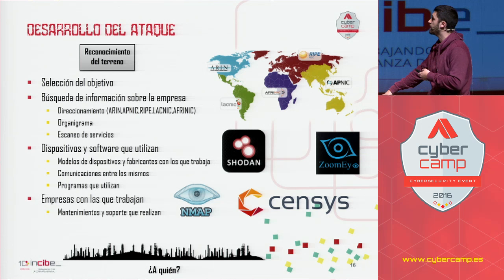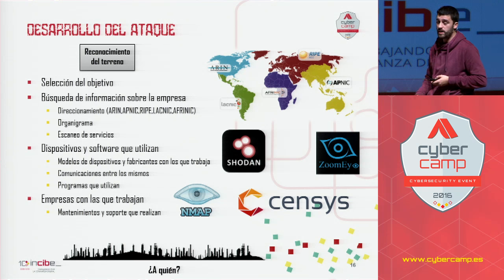What models? What devices? The ones that our target use, for which we can use Shodan or ZoomEye, which is the Chinese version, is quite good. Censys is another engine that you might be more familiar with, where you can also search for devices available on the internet. Communications available.